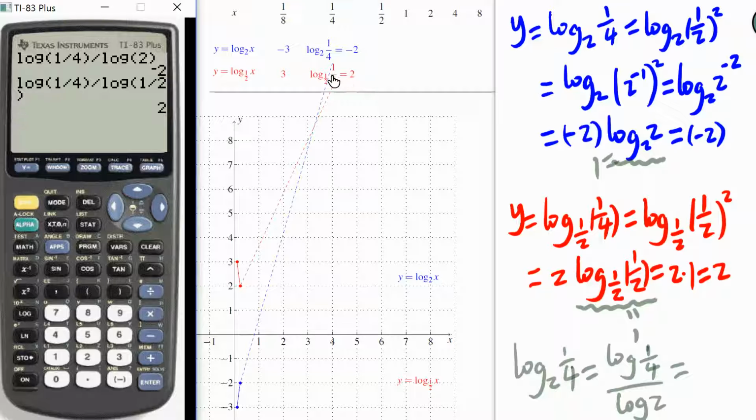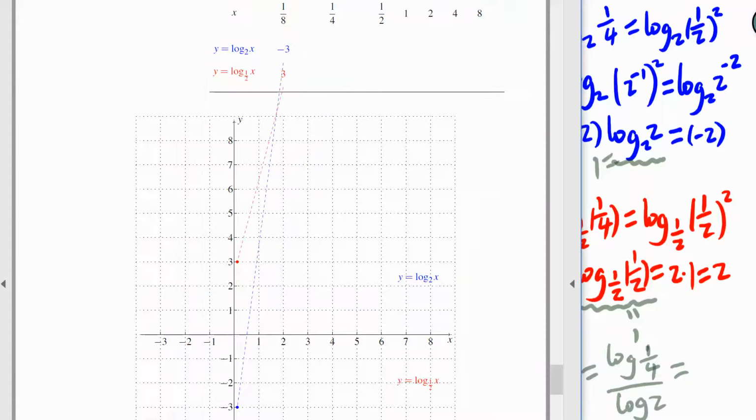Similarly, when x equals 1/8, we can calculate this value and this value. So then we got 2 points. The first one is the one right here. When x equals 1/8, you have a negative 3 for the blue value, and you have a red 3 for the y value.